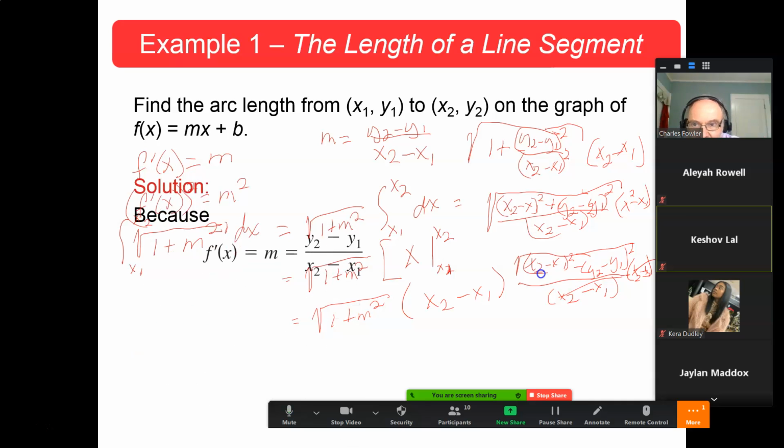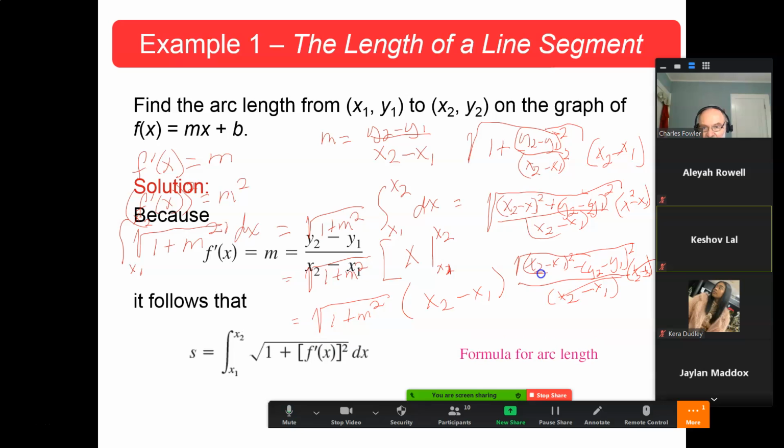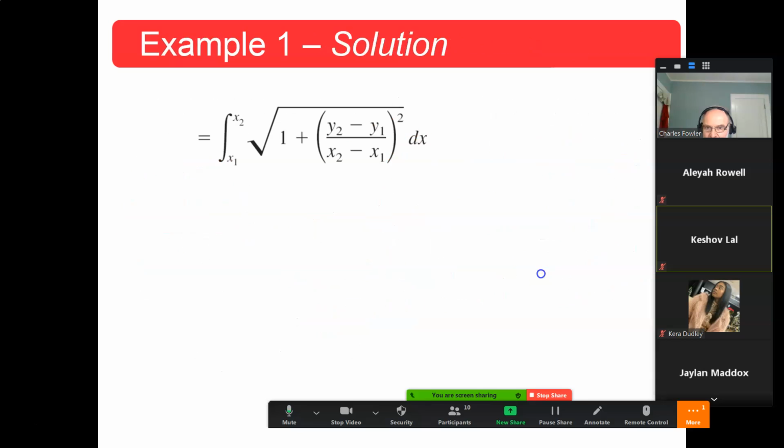Let's move on. Your f prime, like we said, is equal to m, which is y2 minus y1 over x2 minus x1. So it follows that the arc length is the integral from x1 to x2 of the square root of 1 plus f prime squared times dx. That's your arc length formula.